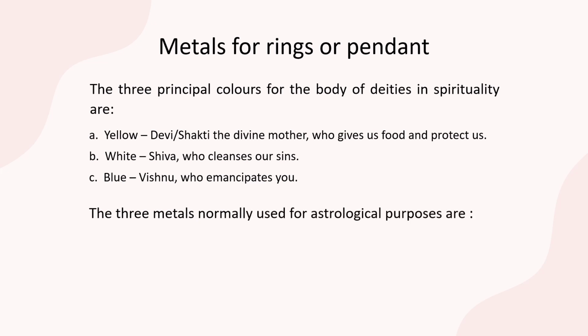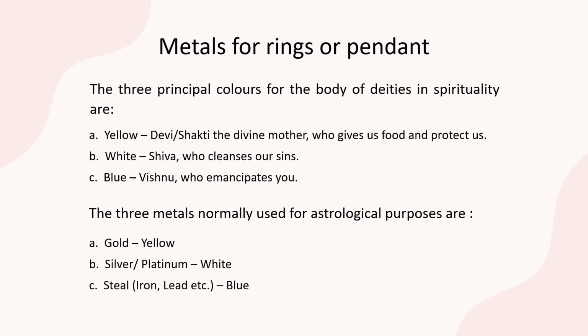The three metals normally used for astrological purposes are gold, which represents the yellow color, silver or platinum, which represents the white color, and steel, like iron, lead, etc., which represent the blue color.